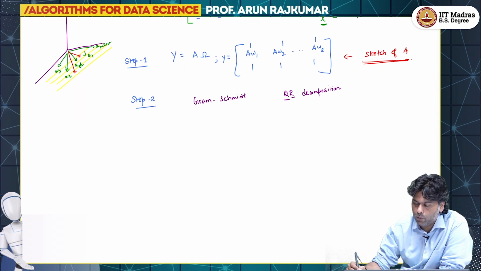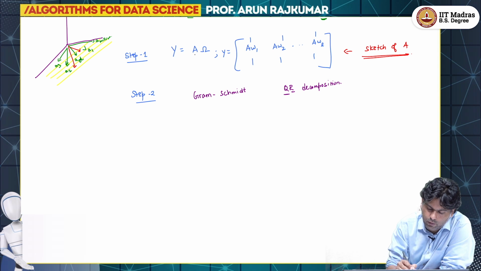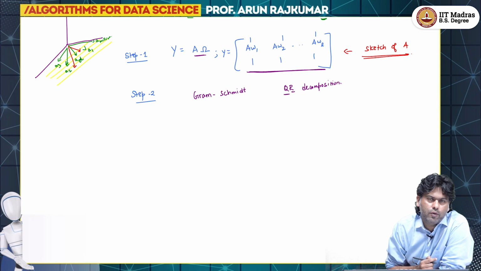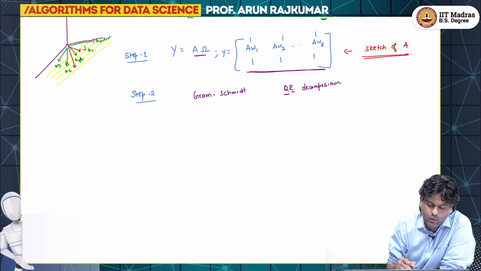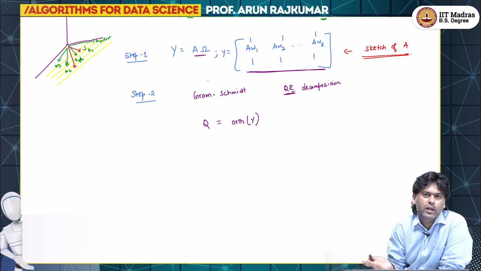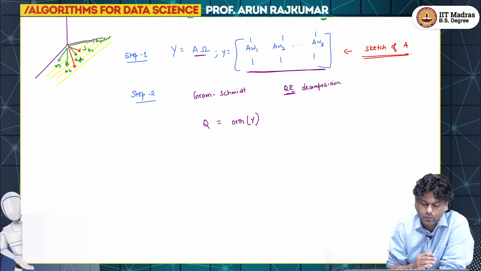So, what I will do is, first I will get these random linear combinations of columns of A, and then I will do an orthonormalization of this matrix, right. And then I am going to call that Q. The notation that I am using is Q equals orth of Y, which means that I am taking the columns of Y and finding an orthonormal basis for them.